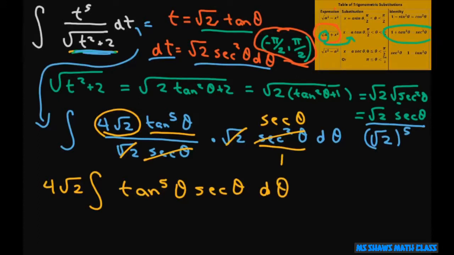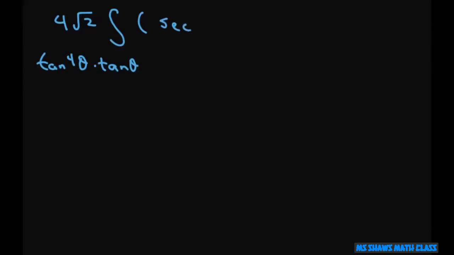All right, so the way I'm going to write this is 4 square root of 2 integral. For tan to the fifth, I'm going to write this as tan to the fourth of theta times tan of theta. But tan squared is secant squared theta minus 1, squared. And then I still have my secant theta, and I have this additional tan of theta d theta.